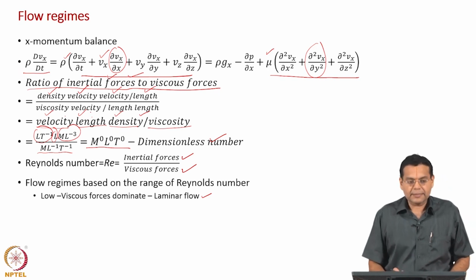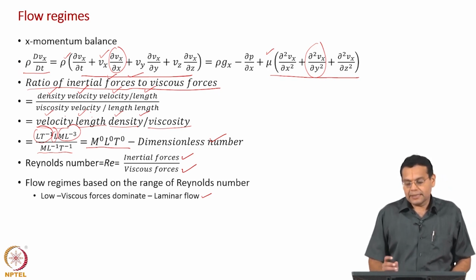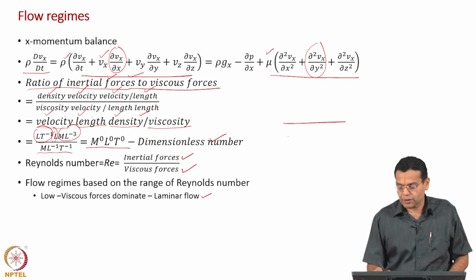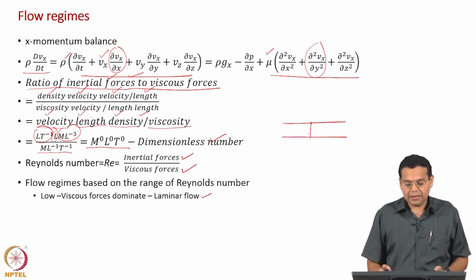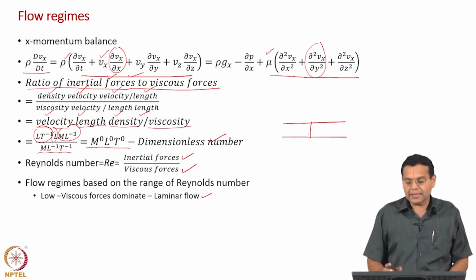What do we mean by length here? That tells about the dimension of the region through which the fluid flows. For example, if you have a flow through a pipe, then the diameter is used as a length. More formally, we call it length scale, velocity scale, etc. And velocity could be the average velocity of the fluid through a pipe.